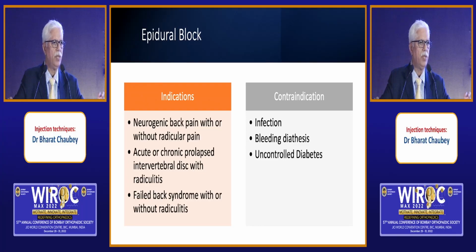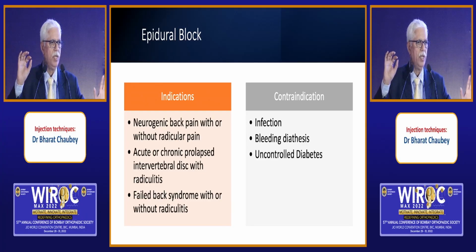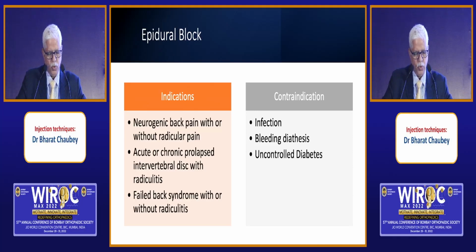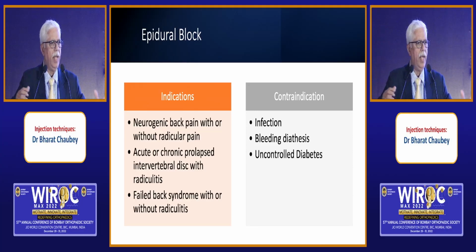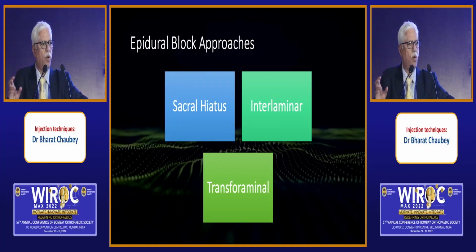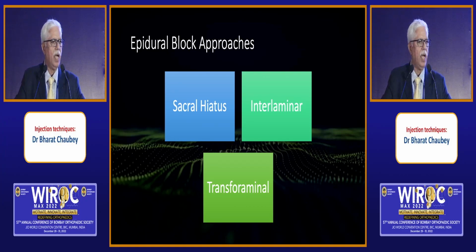When there is a compression on the DRG, primarily it is paresthesia, and when there is pure inflammation, that is the radicular pain. So these particular indications, what we are talking about, is in all such scenarios we give these types of blocks. You all know that when we say epidural, that means it is either sacral, interlaminar, or transforaminal.